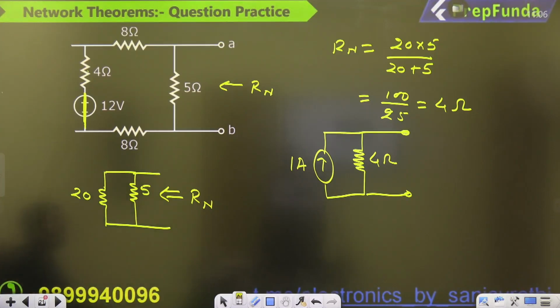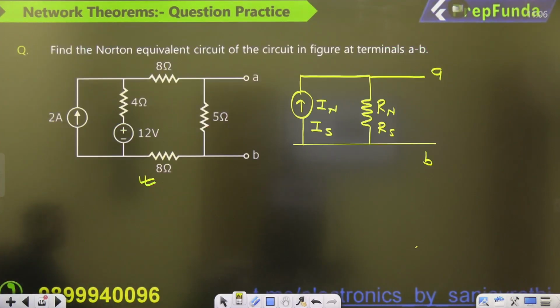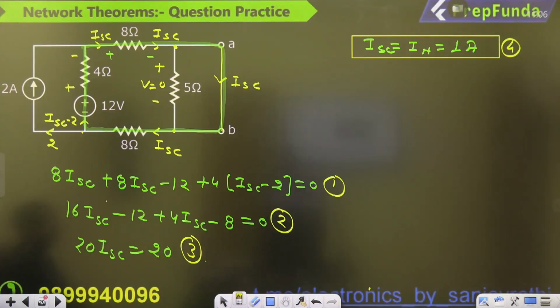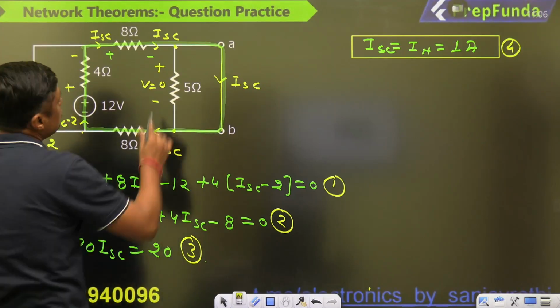Okay. Here, first of all, find the Norton's equivalent circuit of the figure. It means you have to find the short circuit current and the resistance across terminals A and B. What I have done, just make the circuit short circuit. Therefore, what is the voltage drop across the 5 ohm resistor? It will become 0. There is no current through this.